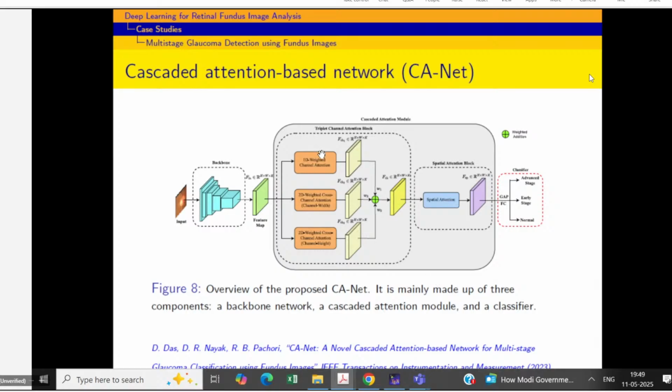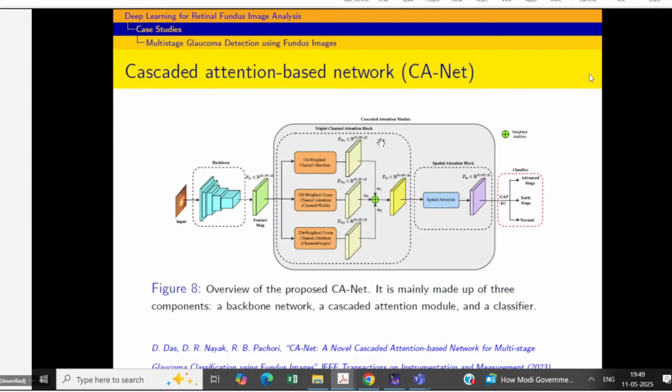Our goal was to initially learn the local, high-level features from any backbone network like a convolutional neural network. And then after getting the high-level feature map, we pass this feature map to a cascaded attention module, which also contains channel attention and spatial attention.